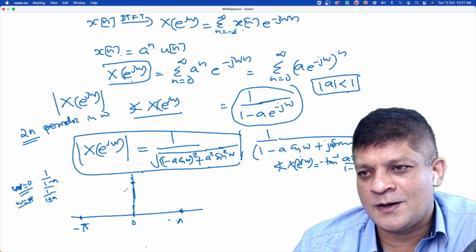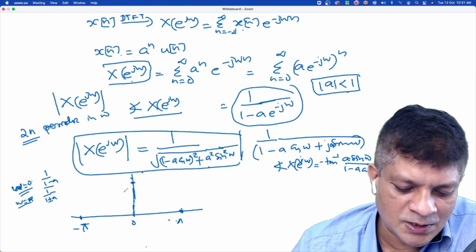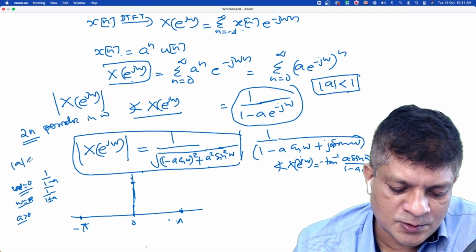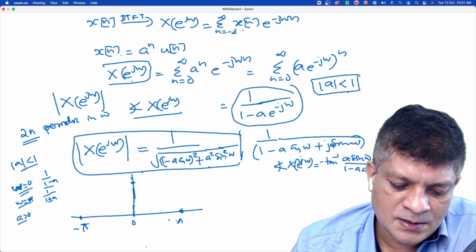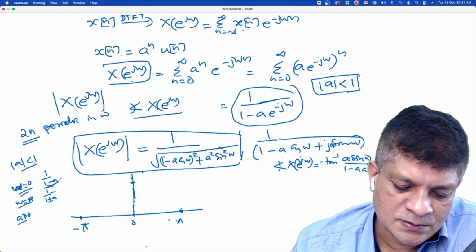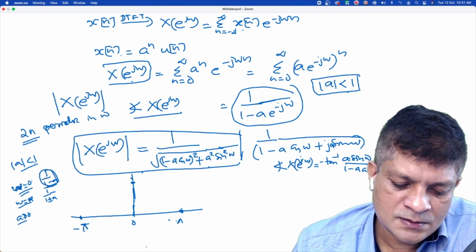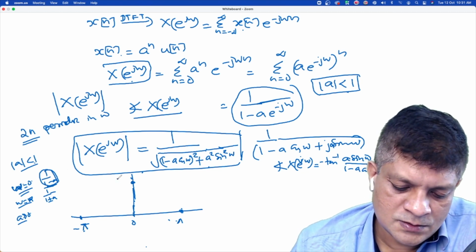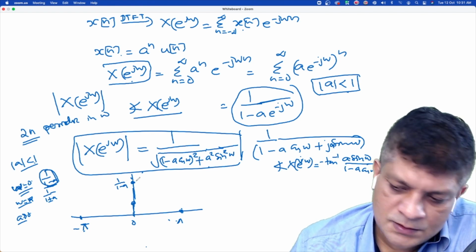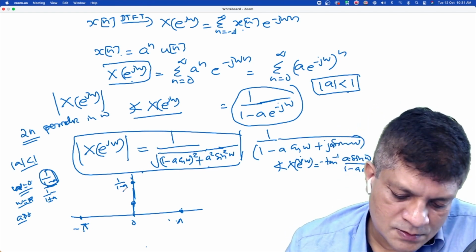The condition for existence is mod a less than 1, but a can be positive or negative. If a is greater than 0, then 1 by 1 minus a is greater, so the shape is something like this.